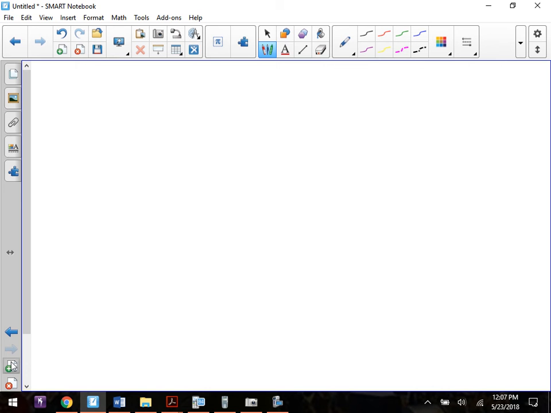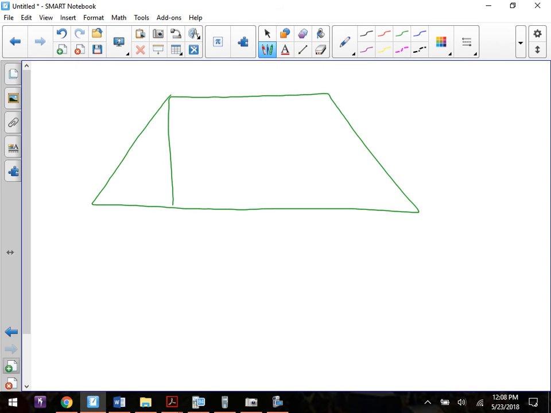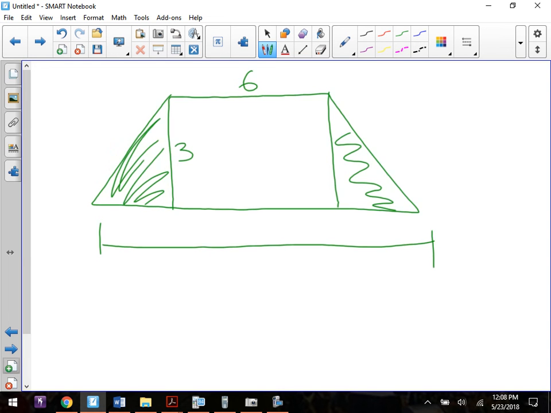Geometric probability. Shading. Geometric probability means find the probability of the shaded region divided by the total area.